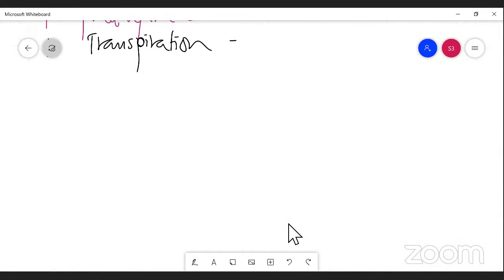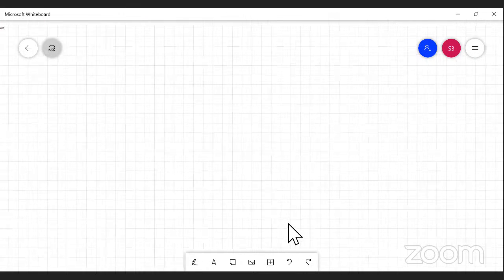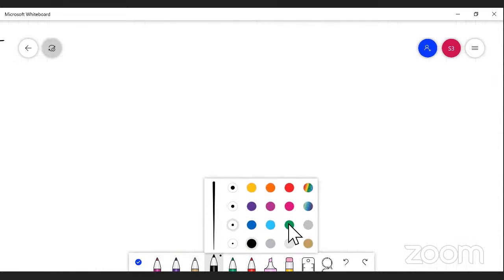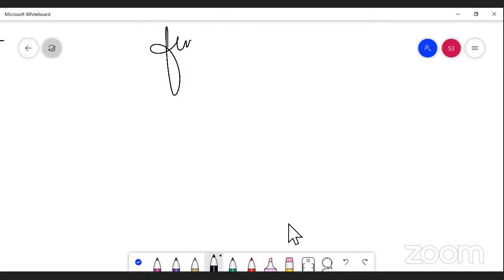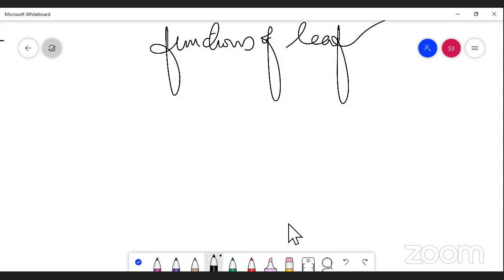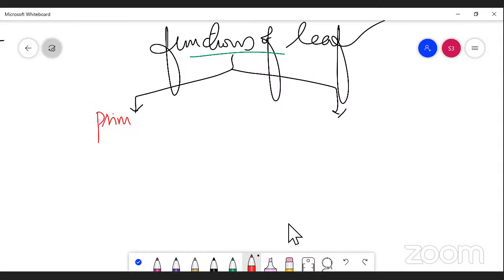Okay, my dear students, when we talk about the functions of leaf, what are the functions of leaf? The first point is, there are primary functions and secondary functions. First of all, let me take the primary functions.